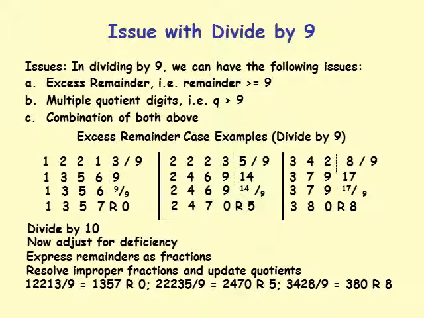So here is my result. The very first one, 1 2 2 1 3 divided by 9 is 1 3 5 7, remainder 0. Next is 2 2 2 3 5 divided by 9 is 2 4 7 0, remainder 5. 3 4 2 8 divided by 9 is 380, remainder 8.